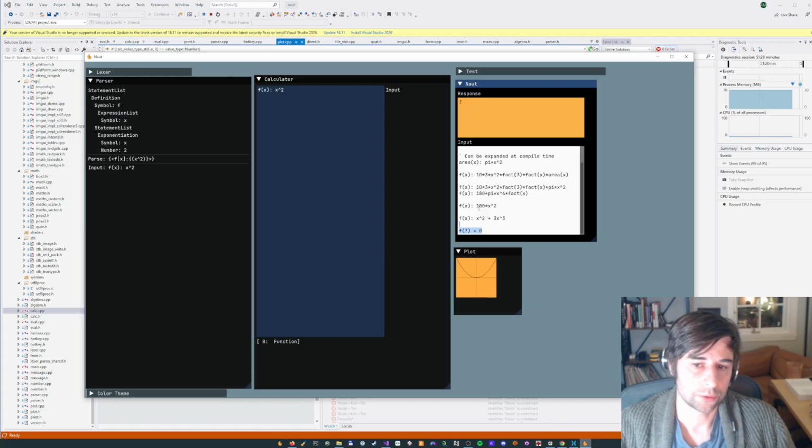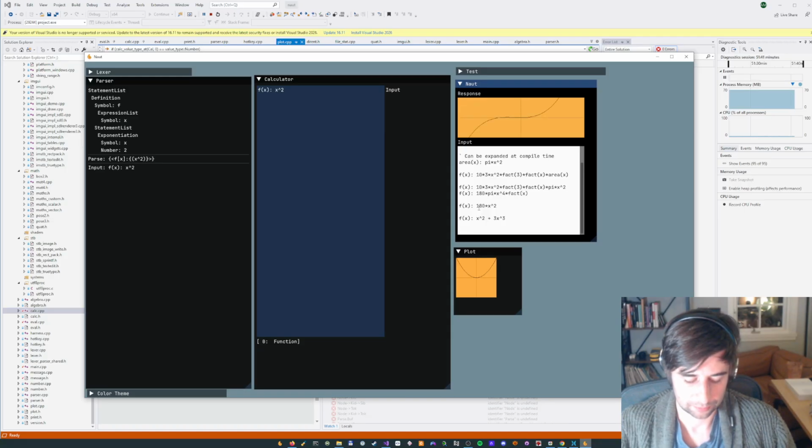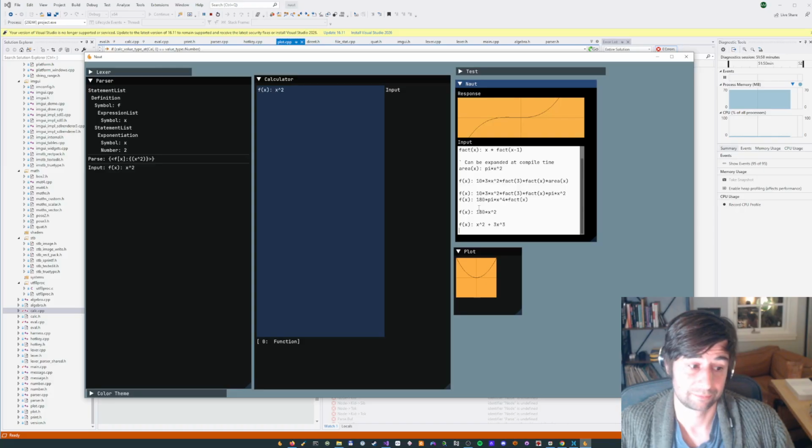So I'd like it to also function as a solver. That's part of why I wrote the compilers, because I can do cute syntax. Otherwise, in something like Mathematica, you have to type solve f x on range 0 to 18 or whatever, and you're like, that's gross. I want to write f of what equals 10 or f of what equals 0. So you need a parser for that.